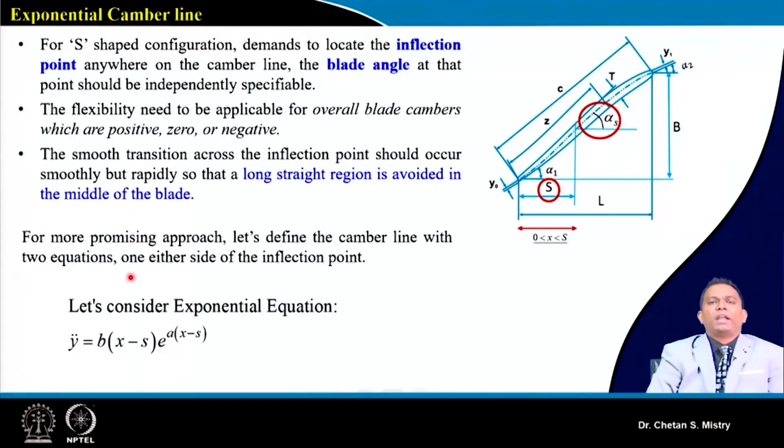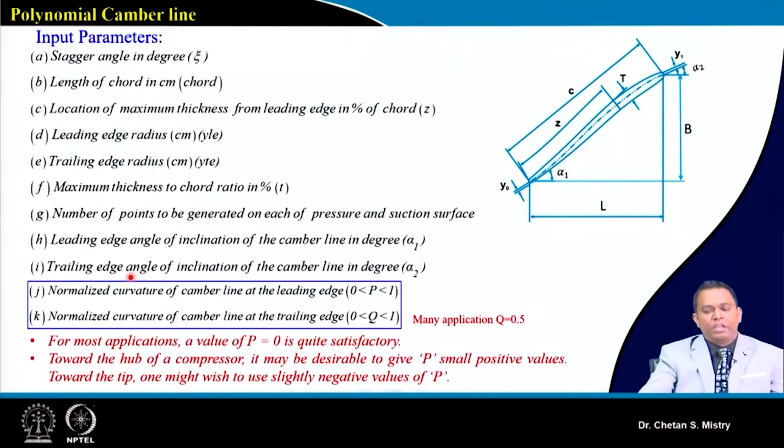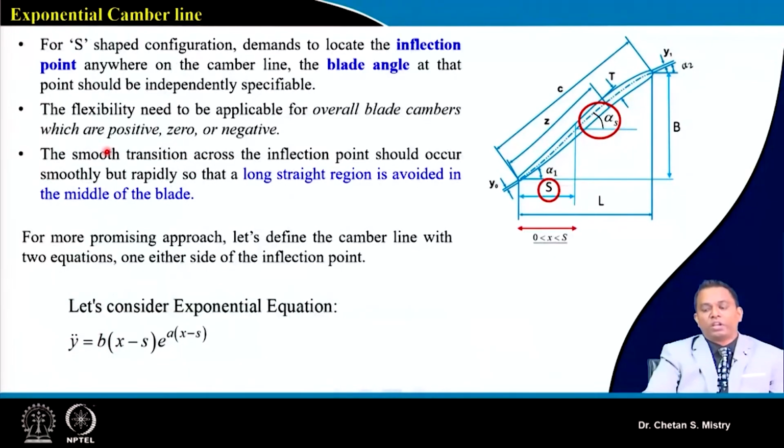Now, the second camber line is an exponential kind of camber line. What is happening here is that for the polynomial kind of camber line, we do not have much control in terms of the formation of the curve, especially for the camber line. Suppose I want to develop a multiple circular arc kind of configuration, or a multiple circular arc kind of aerofoil. Under that condition, we need to put some extra location here.